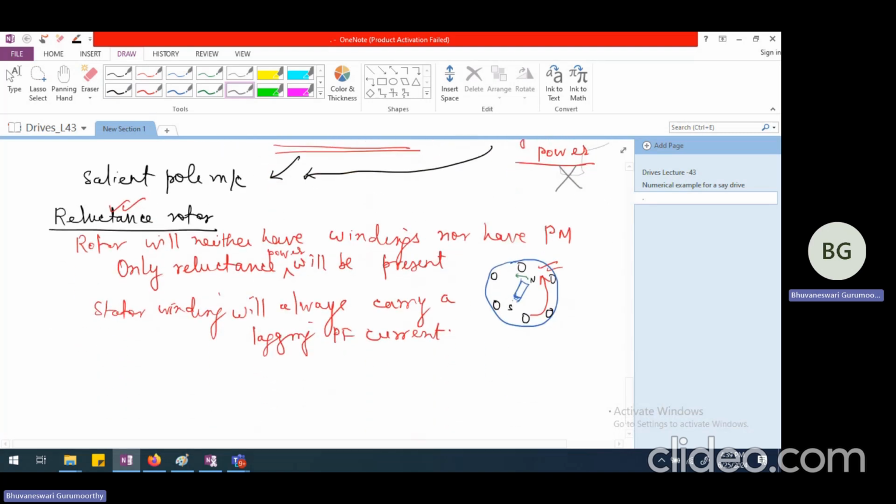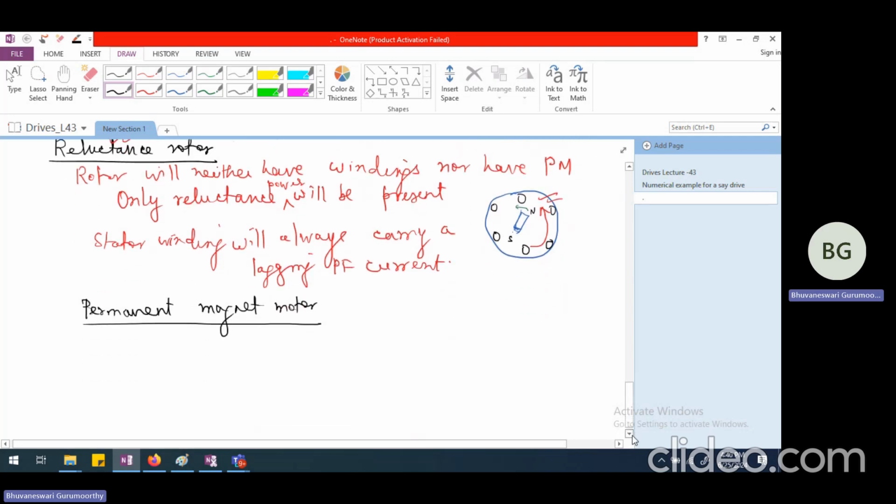On the other hand, if we are looking at a permanent magnet motor, like what we said in the first lecture on synchronous machine, it can be either surface mounted or an interior permanent magnet machine.